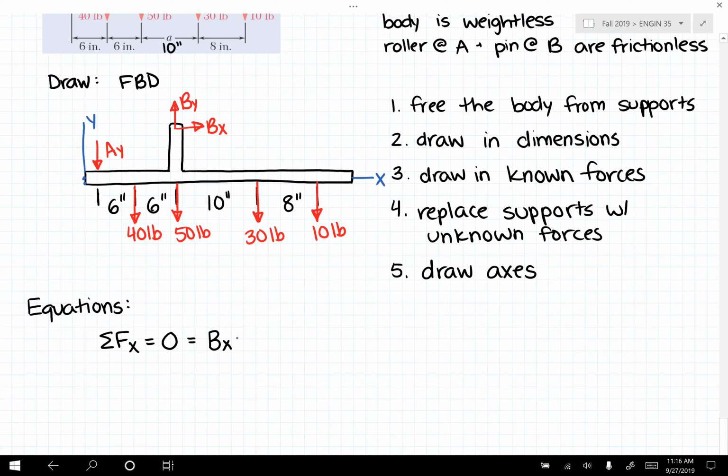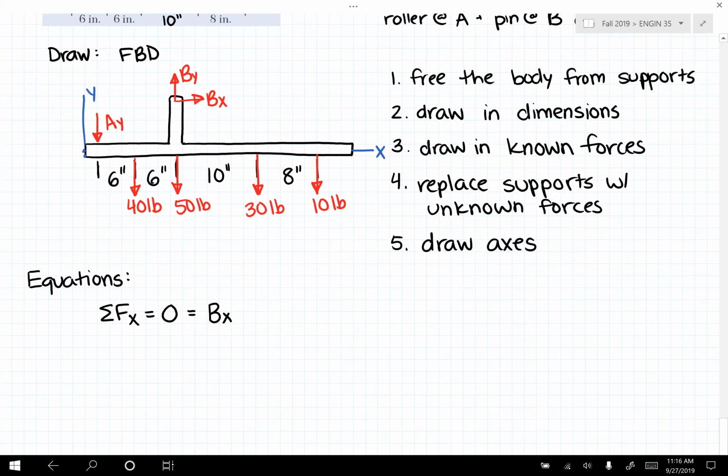So I have Bx is equal to 0. Next, I can sum the forces in the Y direction. It's equal to 0. So I have By minus Ay minus 40 minus 50 minus 30 minus 10.